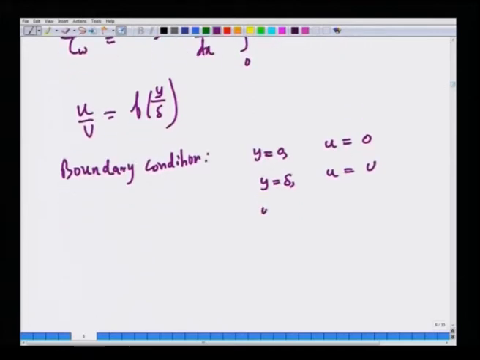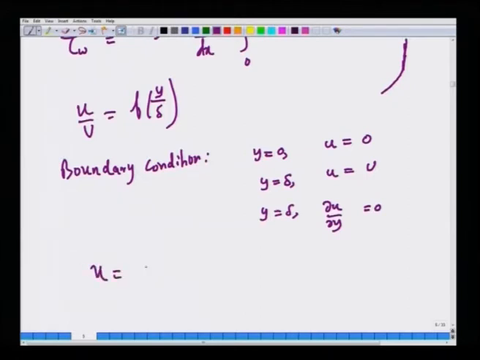Also at y equals delta, we are saying that du dy is 0, that is, the velocity profile as you approach the edge of the boundary layer becomes independent of the y direction, it becomes a flat profile.